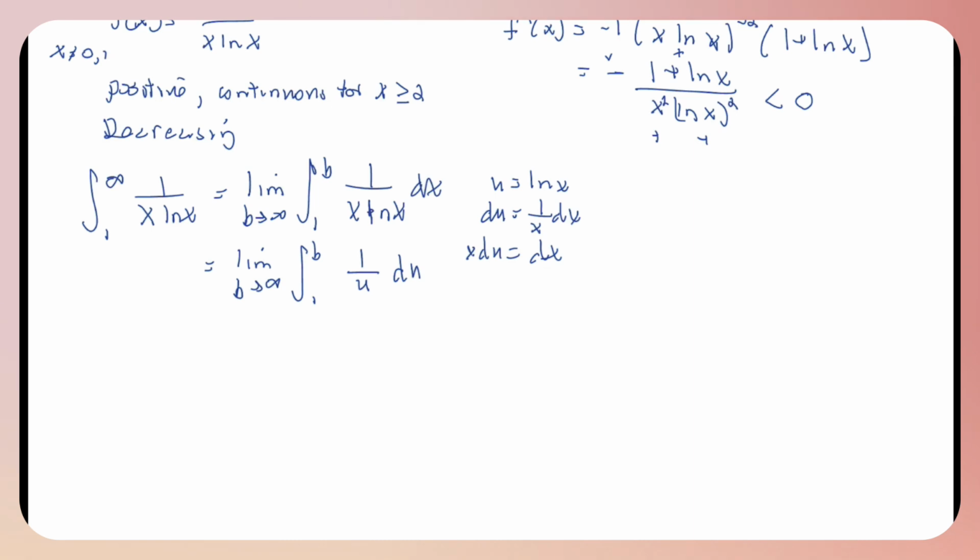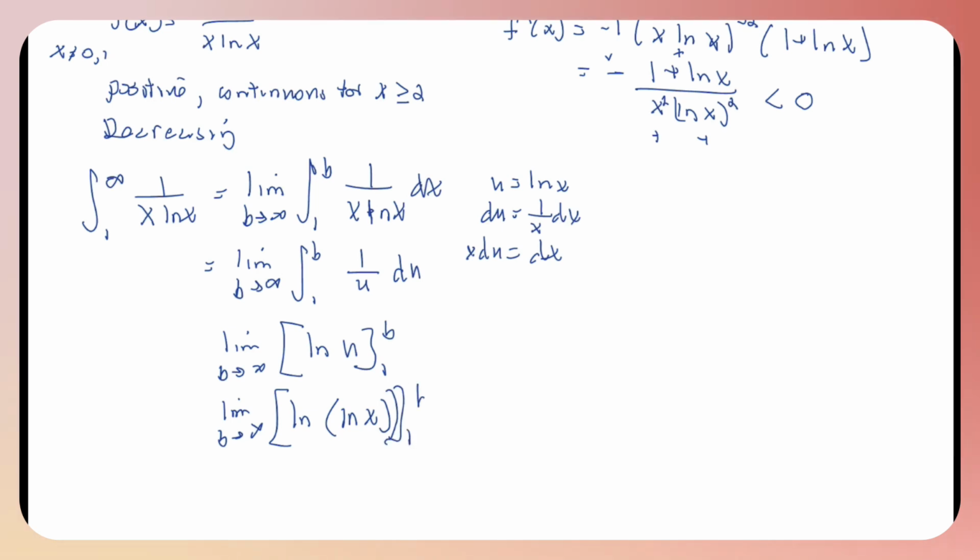And the integral of 1 over u is the natural log of u, so I have the limit as b goes to infinity of the natural log of u, and u we know is the natural log of x. So I can rewrite this as the limit as b goes to infinity of the natural log of the natural log of x, all evaluated from 1 to b, which would give us the limit as b goes to infinity of the natural log of the natural log of b, minus the natural log of the natural log of 1.